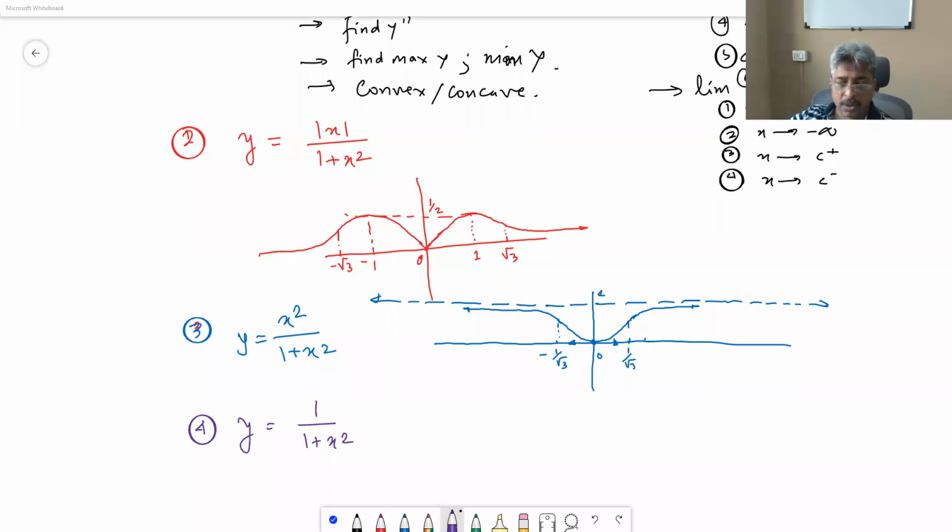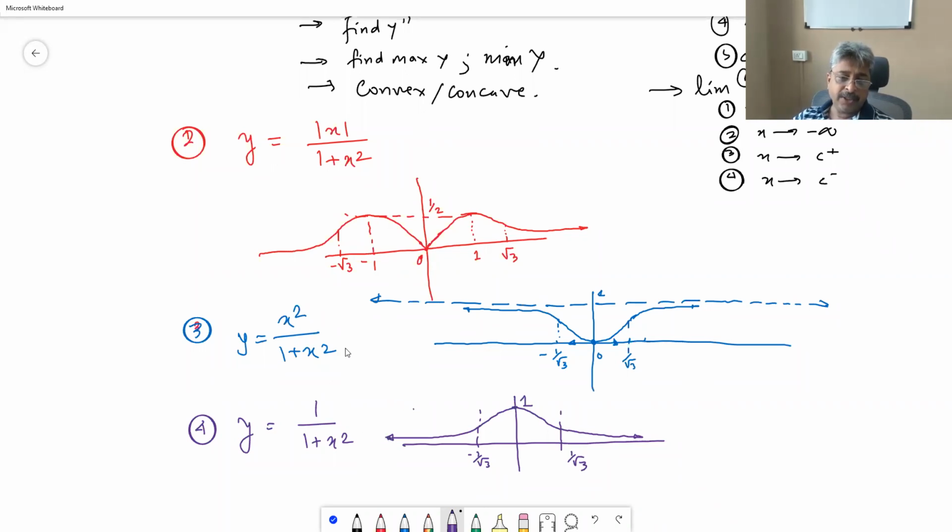Okay, so the graph for this function is like this. Minus 1 upon root 3, plus 1 upon root 3, 0, this is 1 and asymptotic.